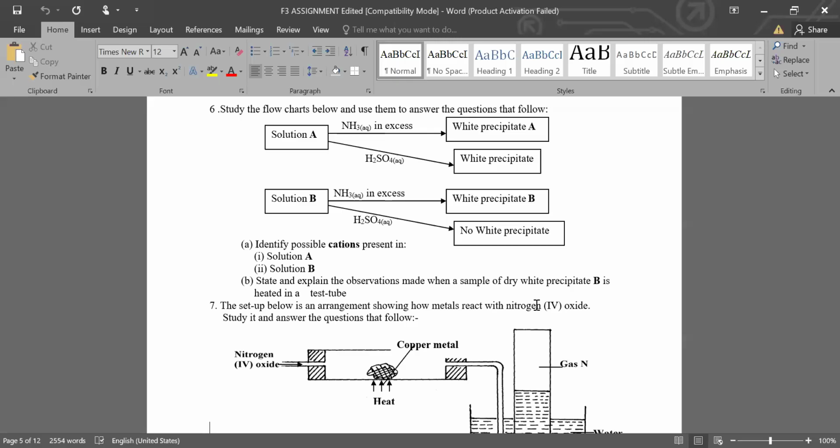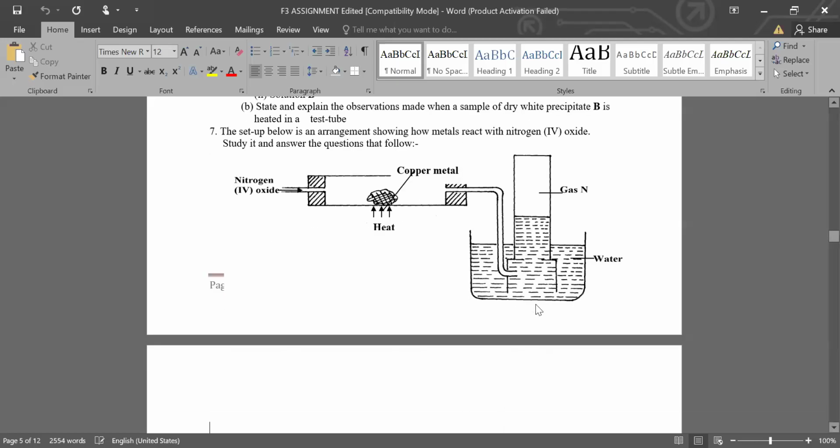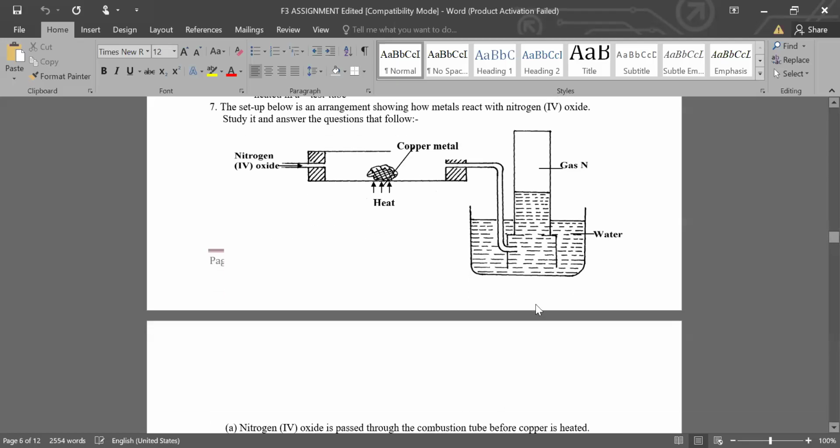We move to question number 7. Question number 7 is a diagram, and I hope you had already gone through the questions. I'm giving the answers as you mark the work.